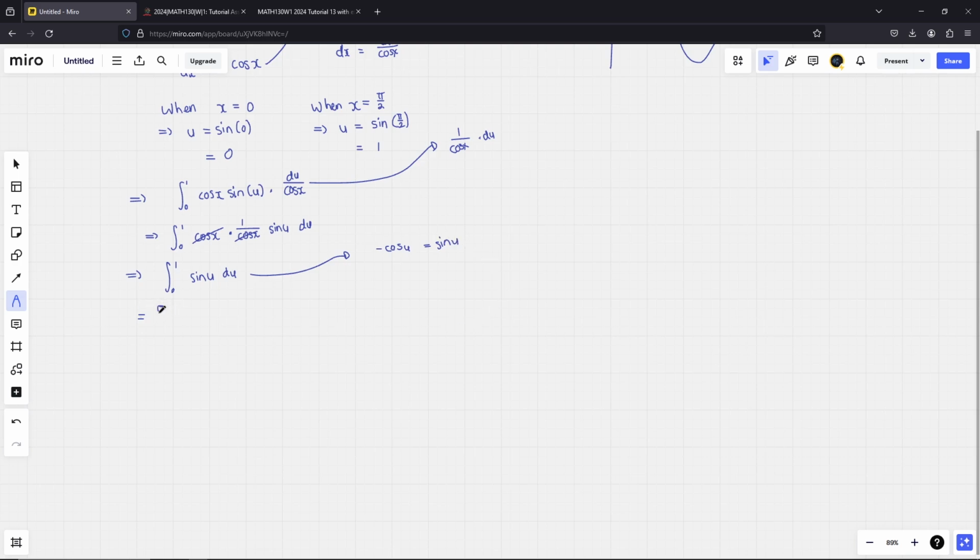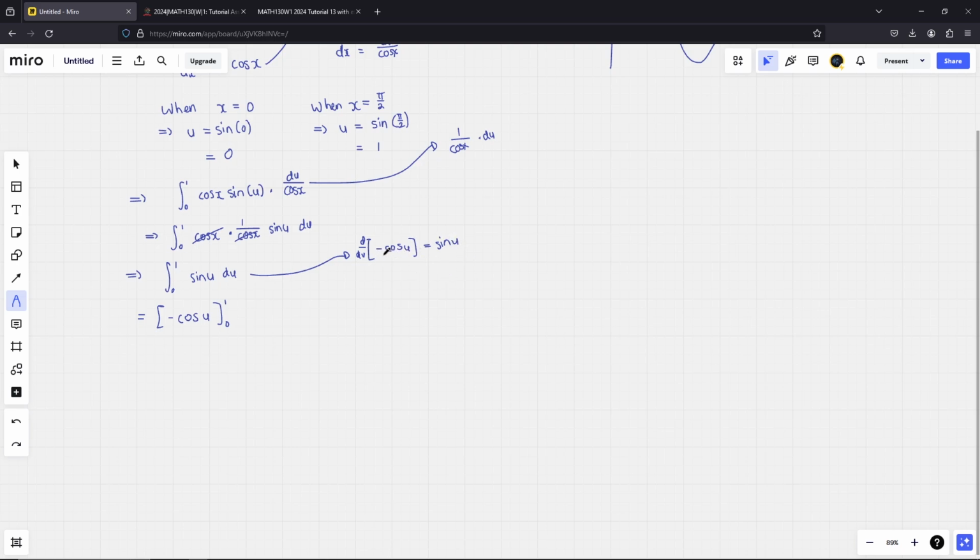So hence the antiderivative of sine is minus cos. Once again, because that might have been confusing, what I did was take the derivative of minus cos, and because that gives me sine, we can say that this is an antiderivative.